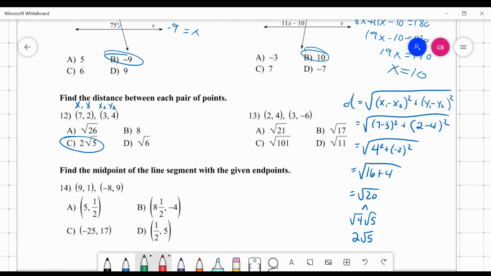Oh, 13. I'm going to run out of space. I'll do it here on the corner. So x1, y1, x2, y2.